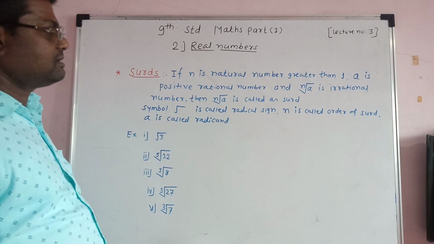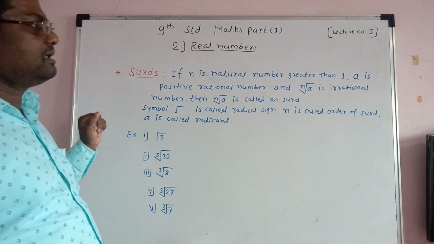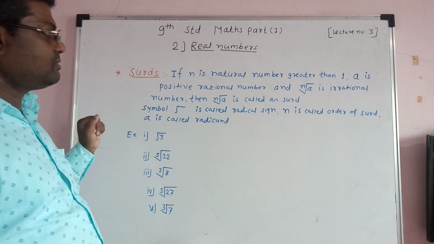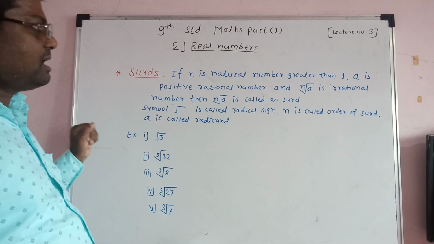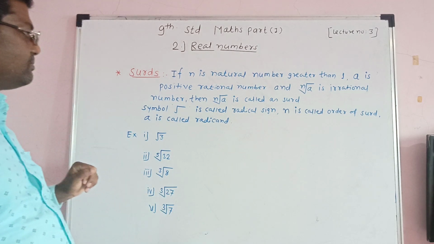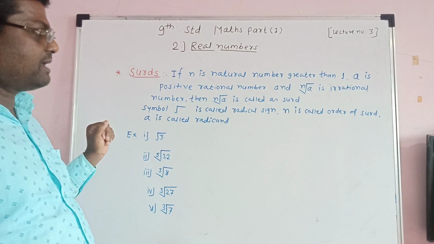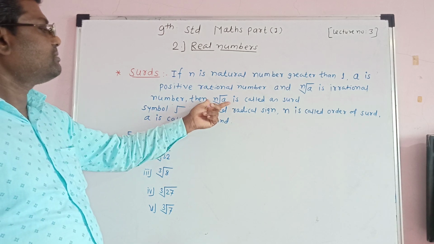If n is a natural number greater than 1, a is a positive rational number, and the nth root of a is an irrational number, then the nth root of a is called a surd.